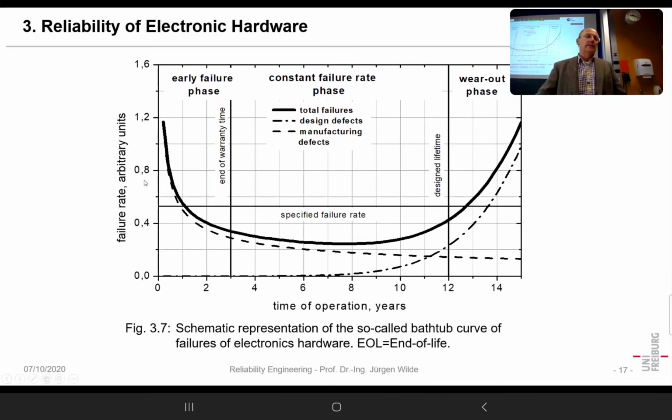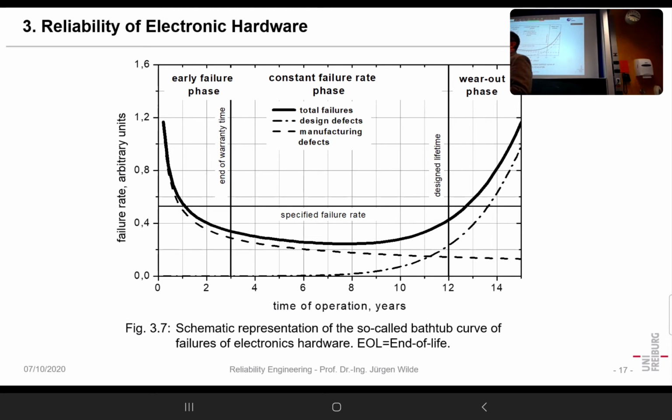Okay, so when you look at the failure rate, we have already seen the failure rate goes down initially, and it goes somehow to a constant value. On the other hand, you have wear out processes, and that means from a certain time on, things start to fail more and more.